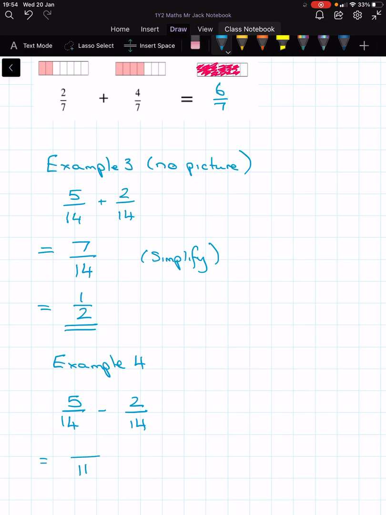The 14ths stay the same, so you can write that down straight away. If you're adding and subtracting your fractions, you know you're working in 14ths, so just write that down straight away. Then we're going to take 2 away from 5, which would be 3/14. Now that doesn't simplify, so that is our final answer done. Sometimes it'll simplify, sometimes not. Easier to spot if you know your times tables, but worth paying attention to.